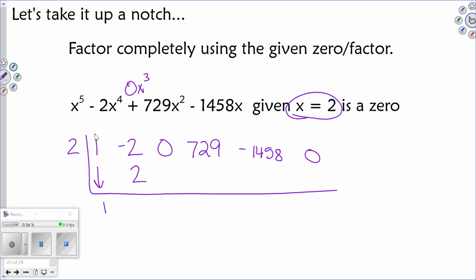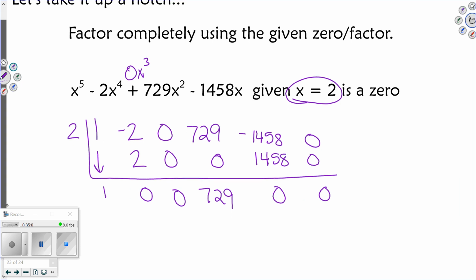So that gives me 2, 0, 0, 0, 0, 729, 1858, and then a lot of zeros. Should get excited that there's that many zeros, though, right?